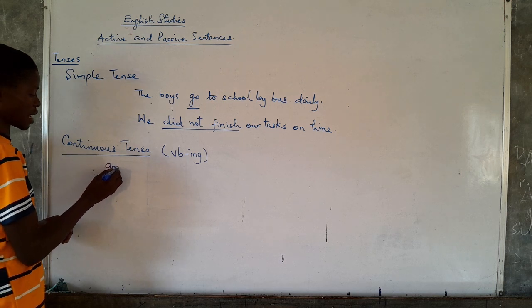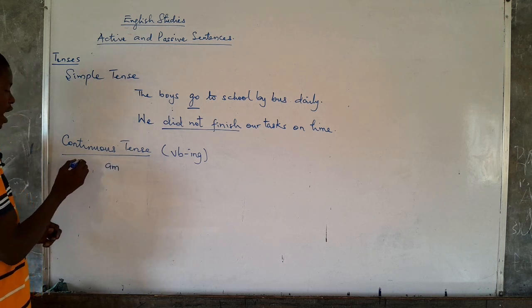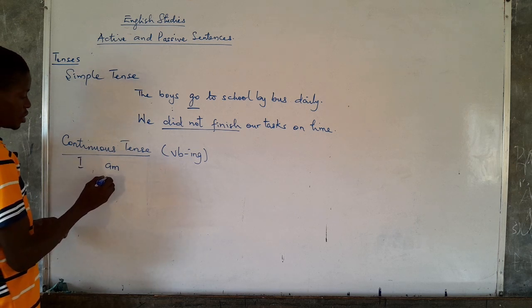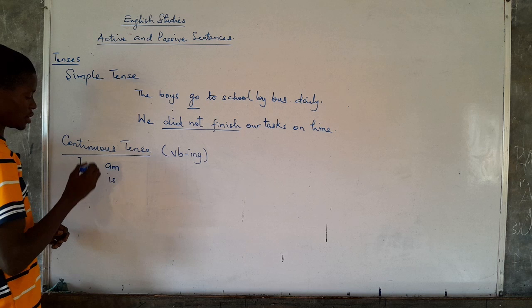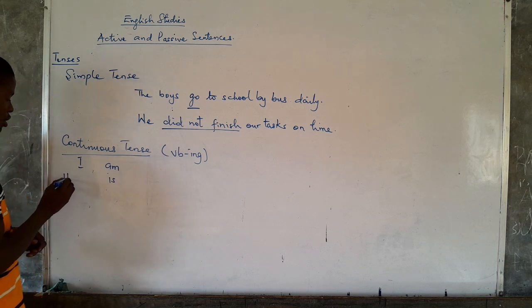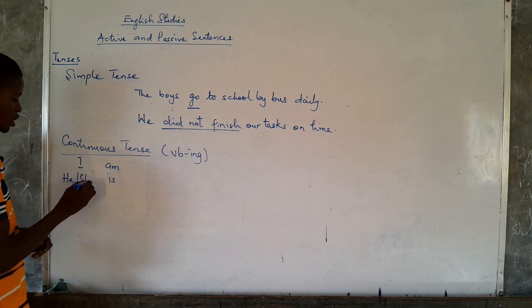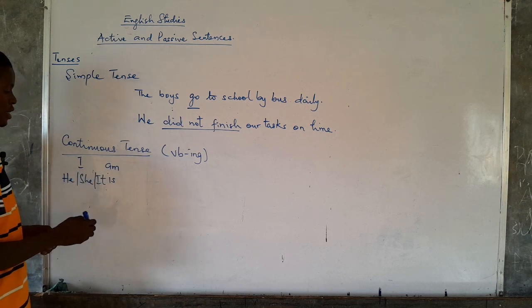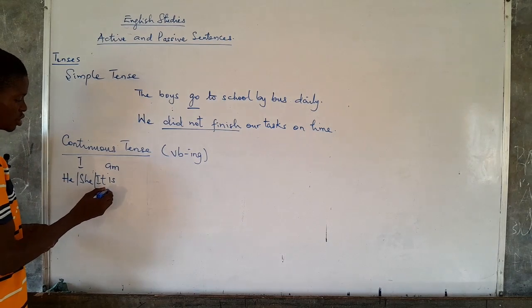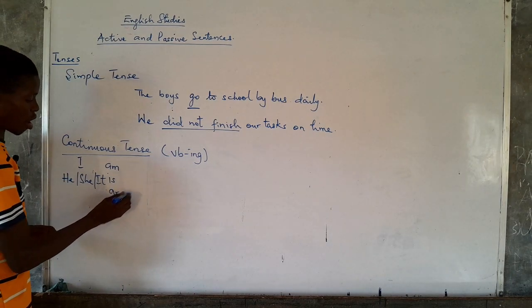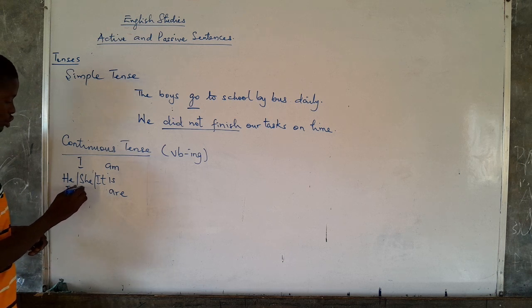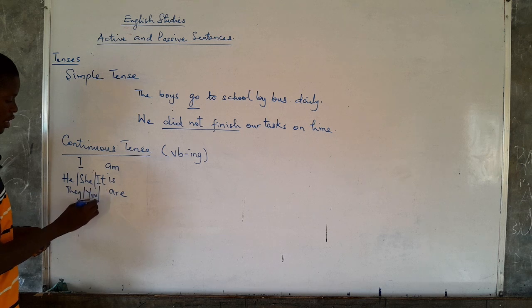Auxiliaries like am, which takes I, or we have is, which takes he, she, or it. Now, we talk of the third one, which is are, the plural, which will take they, you, and we.